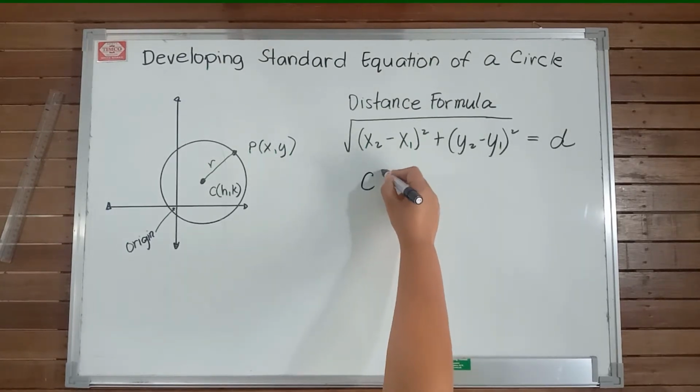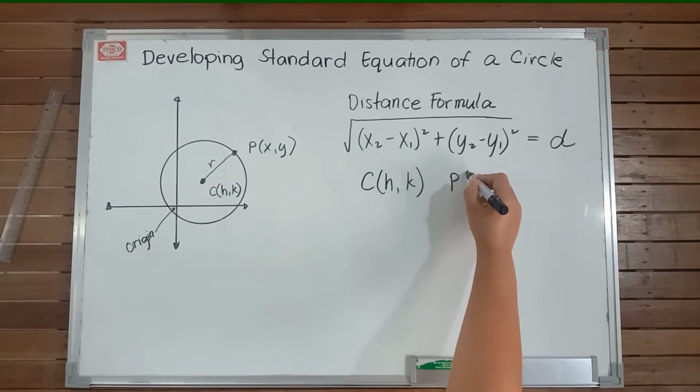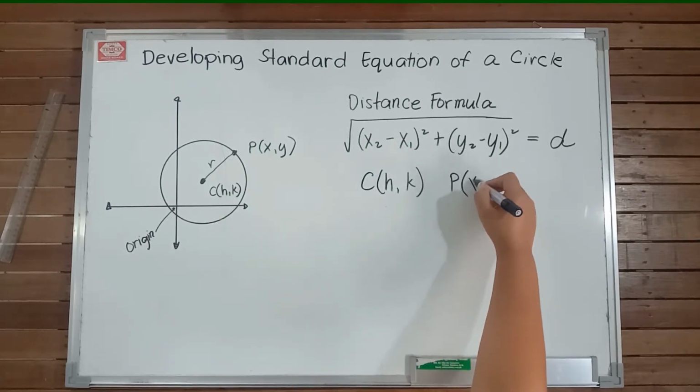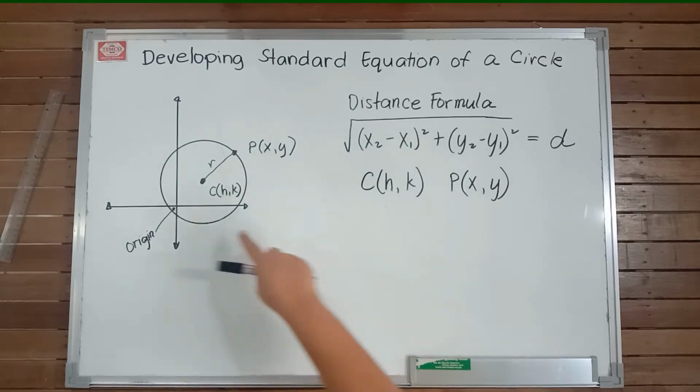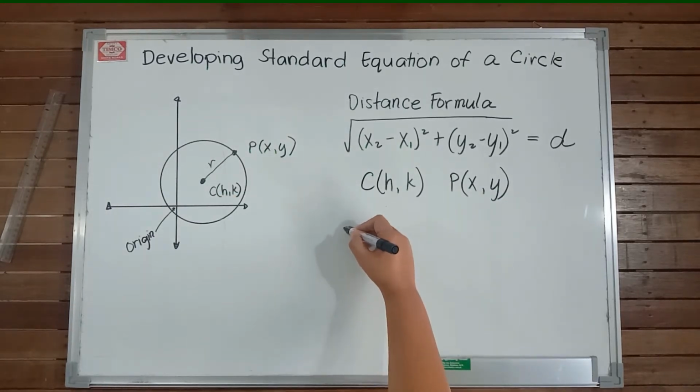Applying the formula, we have the given center C as (h, k) and P as point (x, y), and our radius is our distance.